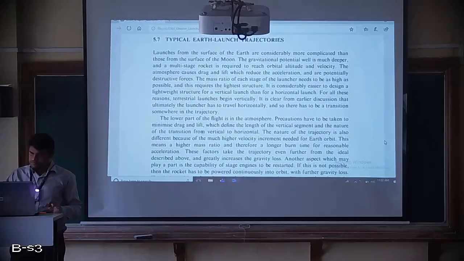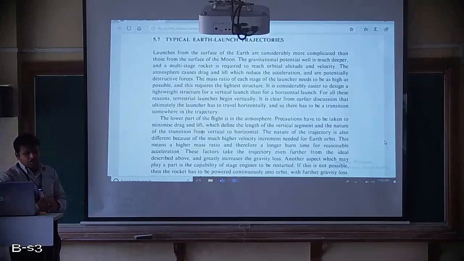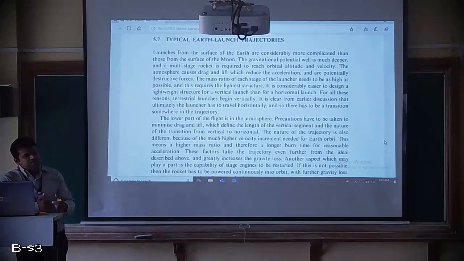So now, why do we want to talk about Earth in particular? That is because the gravitational force we have on Earth is much stronger than on other planets. If you compare with the Moon, it is much stronger on Earth. So launching rockets from Earth's atmosphere is quite difficult and we need multi-stage rockets for that.